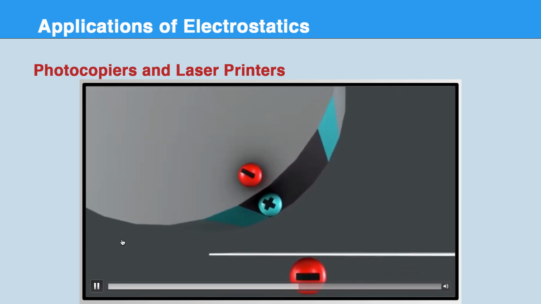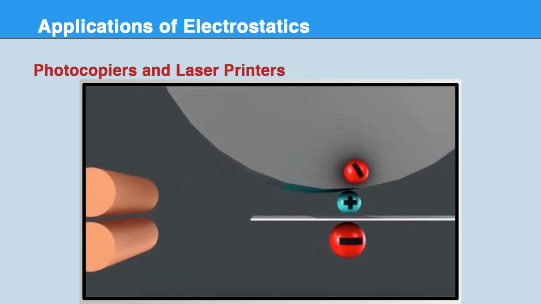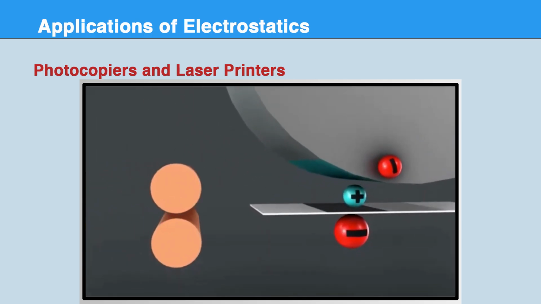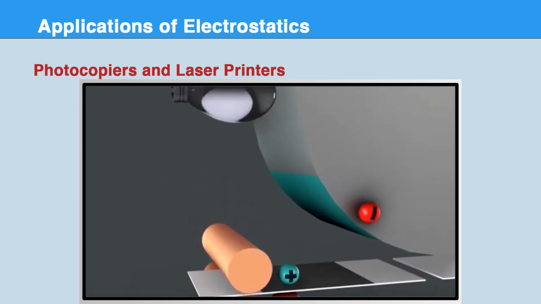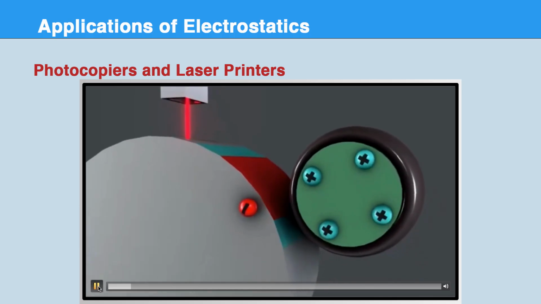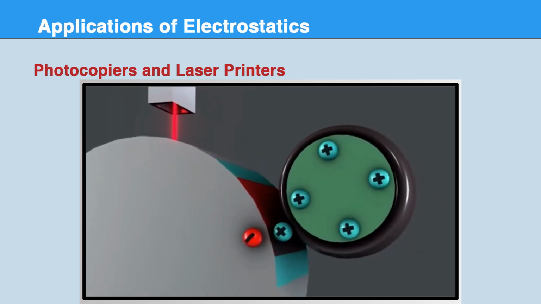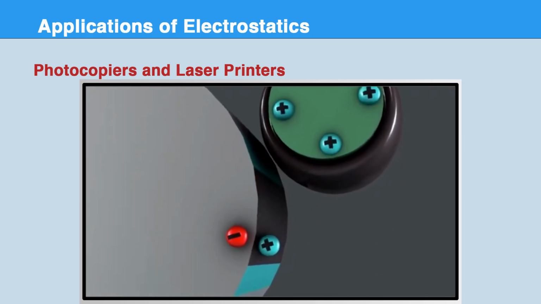Then the process of transferring. A sheet of paper is passed through the copier and is given a stronger positive charge than the drum. The toner image on the drum is then transferred onto the paper due to electrostatic attraction.